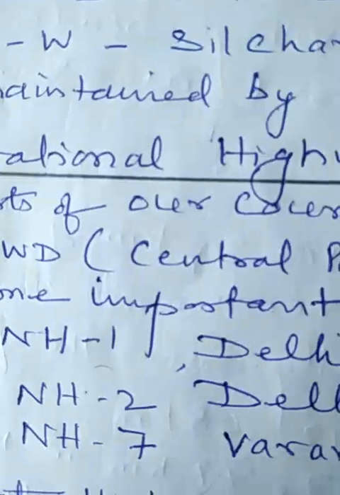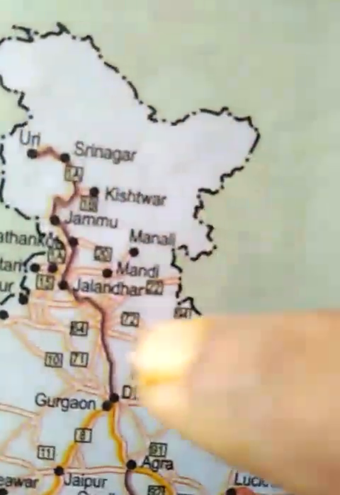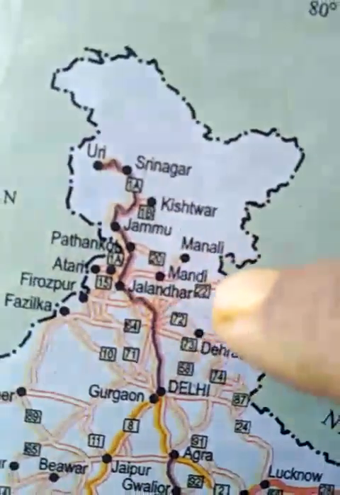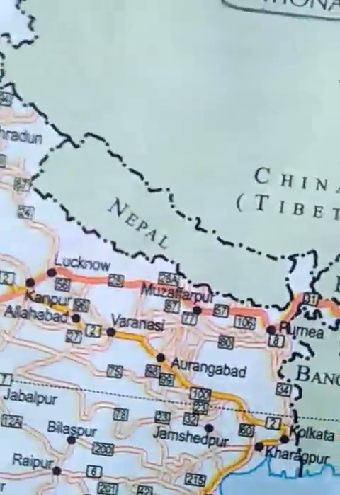Important national highways of our country are NH1, which is linking Delhi to Amritsar, then NH2, which is linking Delhi to Kolkata. And the longest national highway of India is NH7, which is linking Varanasi to Kanyakumari. These national highways are maintained by CPWD, as I told you.